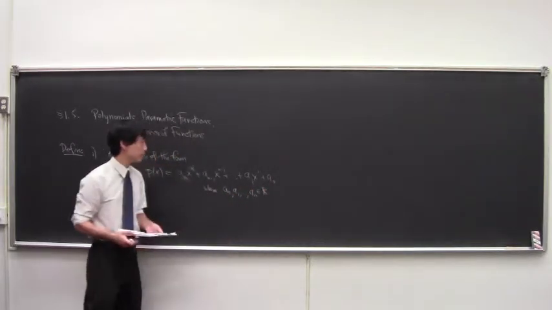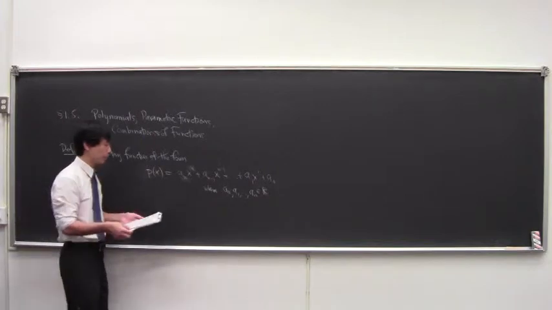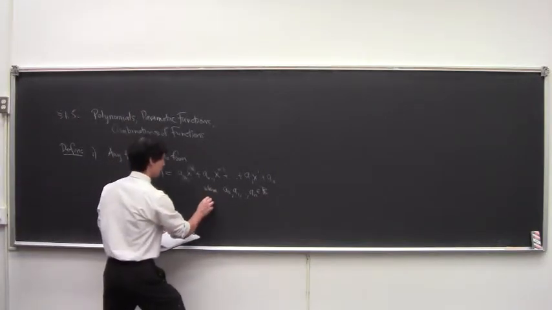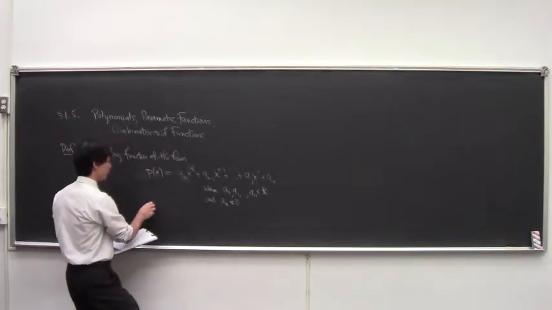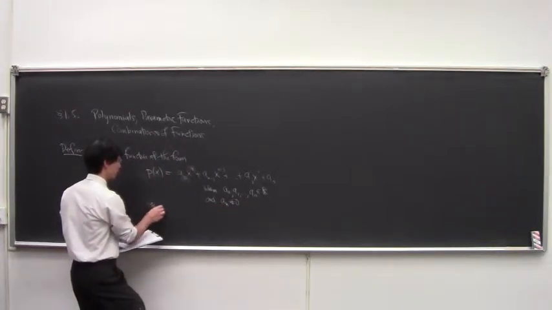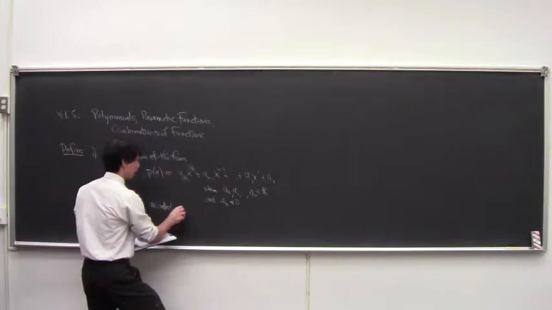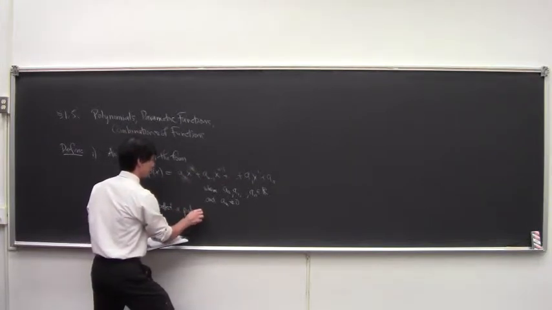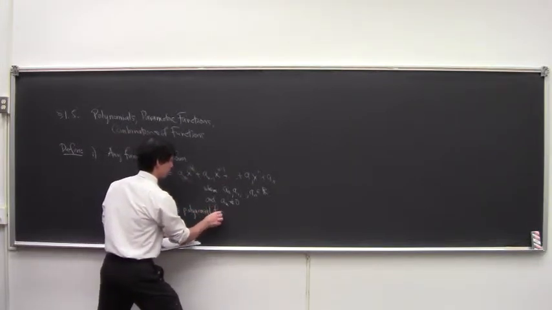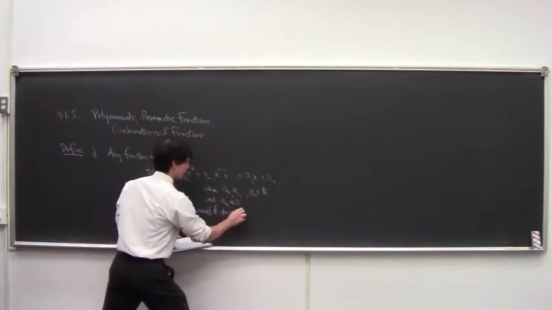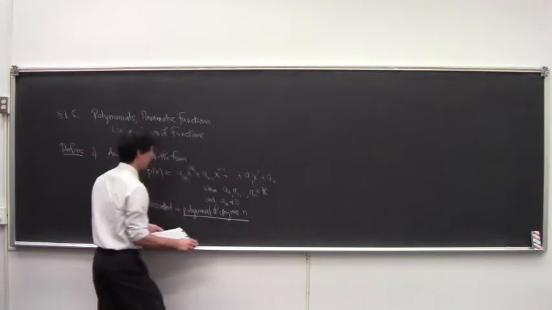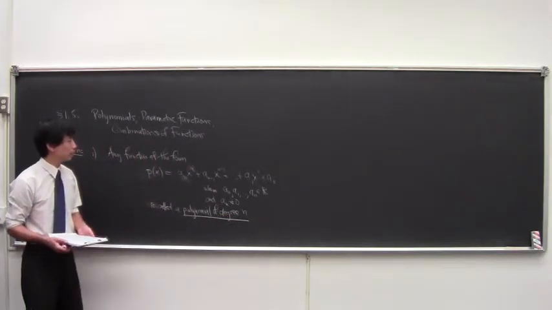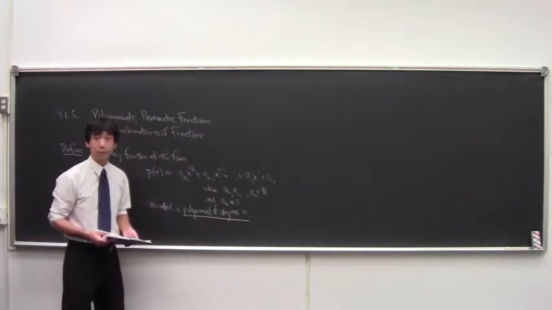So these are all constants. And let's say that the top term is not 0, is called a polynomial of degree n. So n is some natural number.